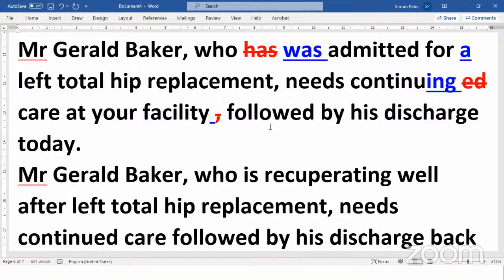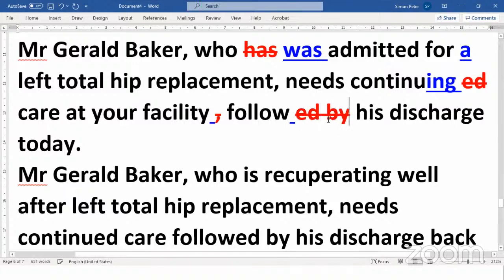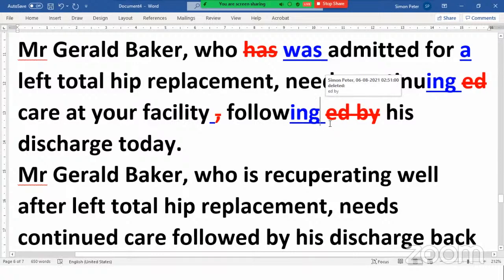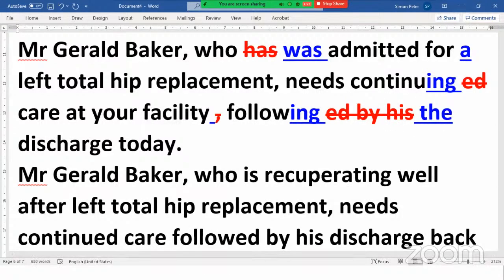Followed by his discharge, so his discharge is following continuing care, so it's going reverse angle. Following his discharge today. Avoid personal pronouns. I'm not saying it is wrong, but avoid personal pronouns: following the discharge today.